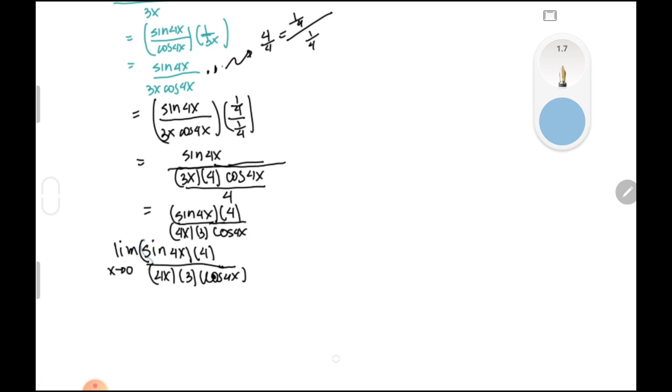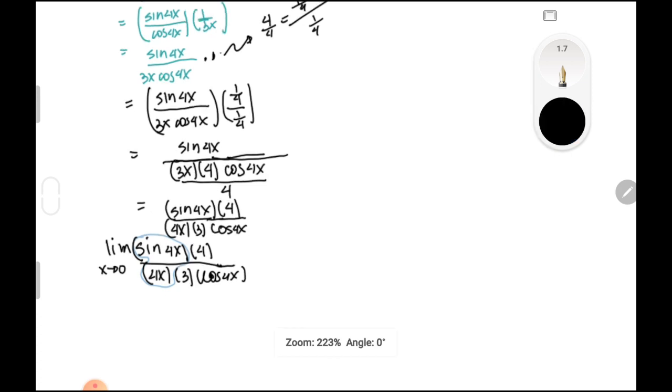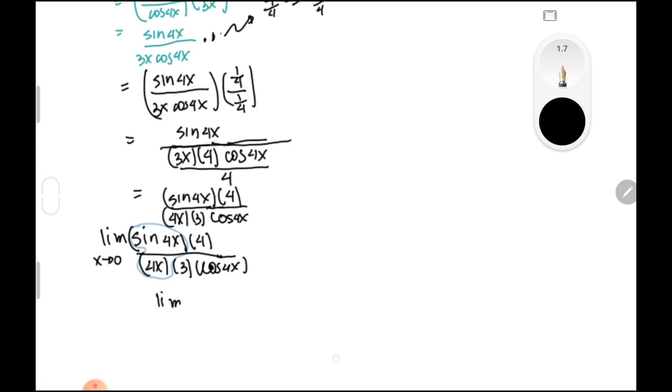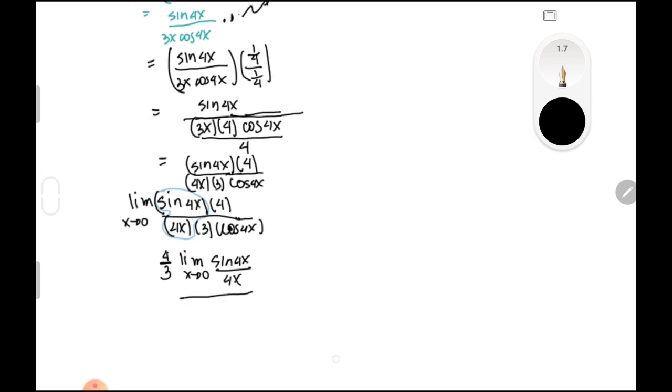So let us consider this. Knowing that the limit of sine 4x divided by 4x as x approaches 0, so by multiplication properties of this limit, pwede lang natin labas ito kasi from our second rule of limit, divided by our limit of cosine 4x as x approaches 0.